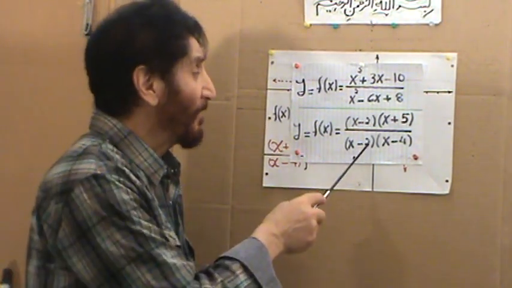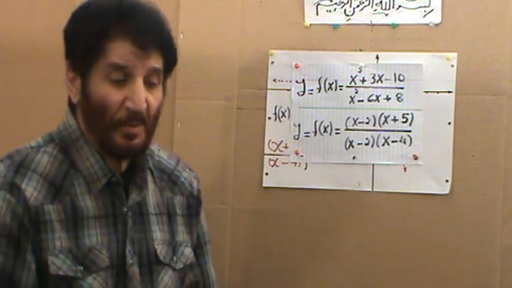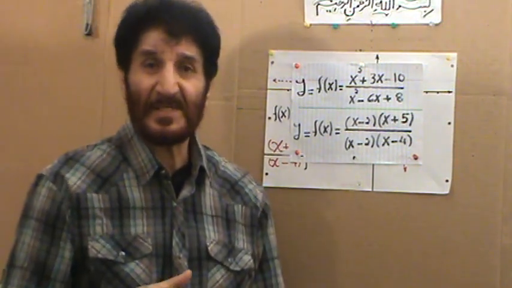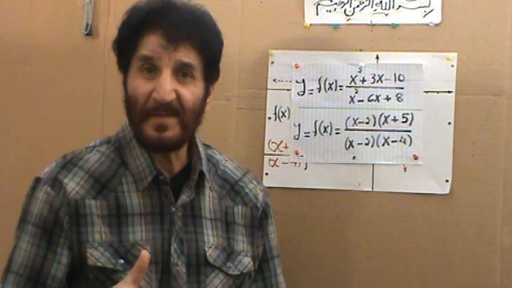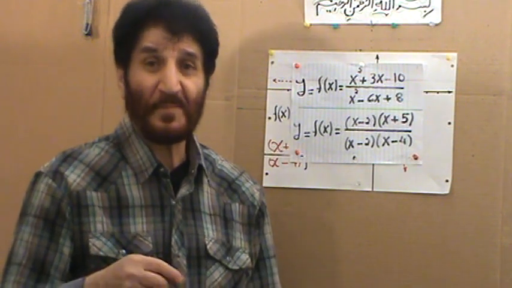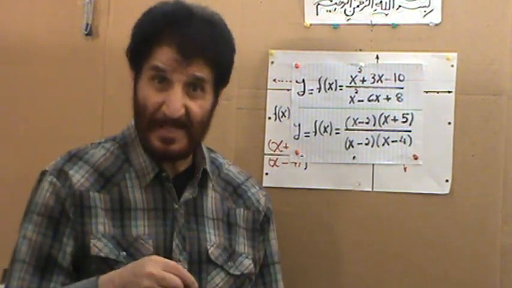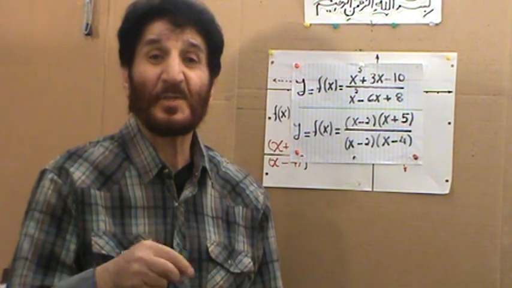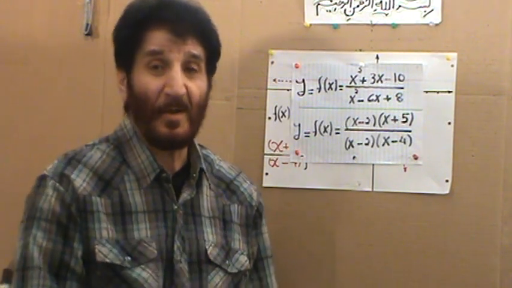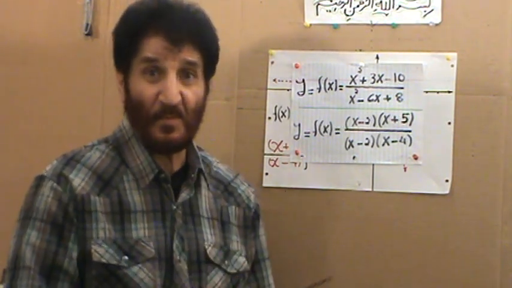Now, here at 2 and 4, we noticed in the previous lecture that the function was behaving differently. Both of them make the denominator 0, that's correct, but the function behaves differently at 2 than it does at 4.